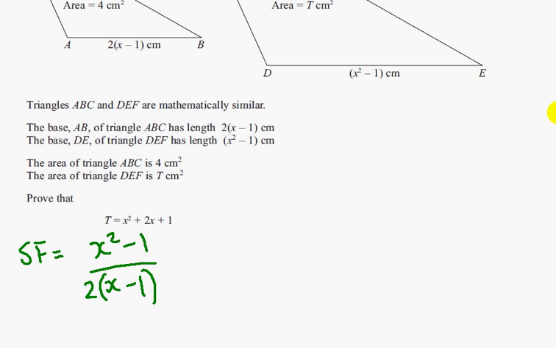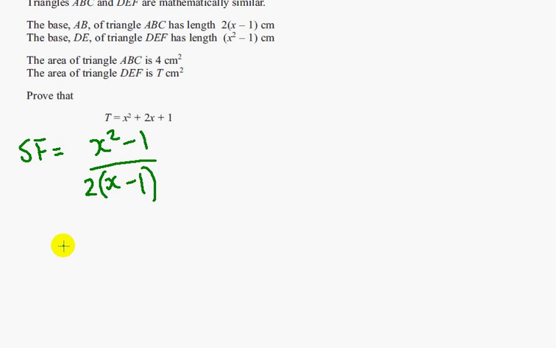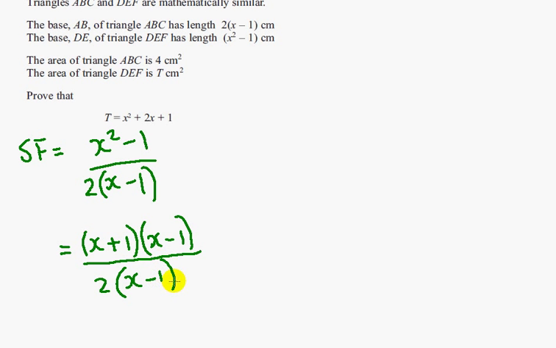Now, we can factorize this into x plus 1 times x minus 1 over 2 times x minus 1, that bracket times this bracket divided by 2 times this bracket.